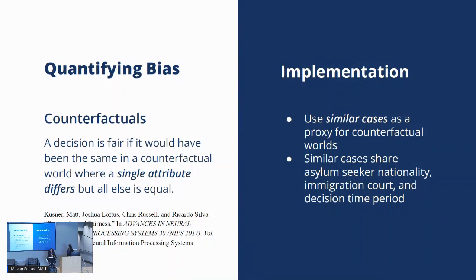When doing so, we kept in mind the limitation of counterfactual fairness, which is that it doesn't always make sense in practice to change one thing about an individual instance and expect everything else to stay the same. Thus, we defined similar cases a bit more loosely as sharing the nationality of the asylum seeker, the immigration court in which the proceeding was held, and the time period in which the decision was made.